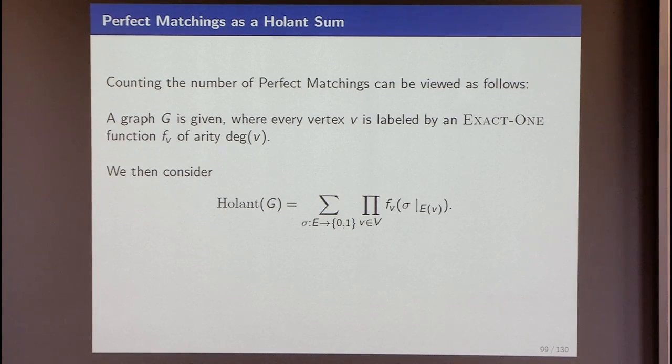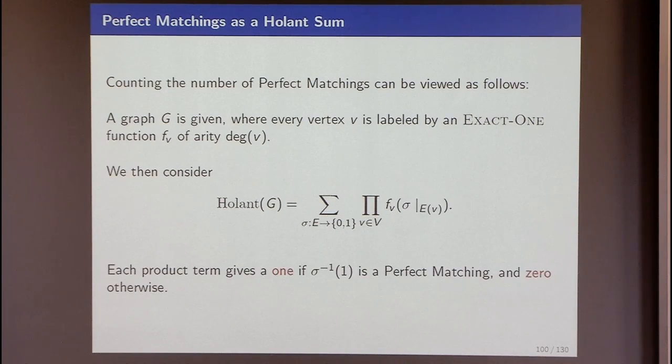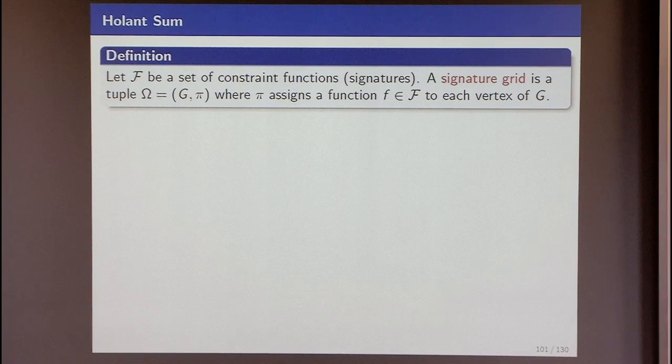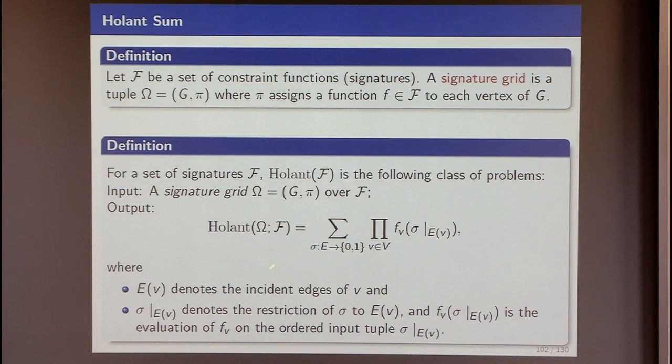So the perfect matching can be viewed as a Holant problem, and you can assign the exact-one function at every vertex and pick an edge to be in or out. Okay? And now here's the definition of what's called a Holant sum.